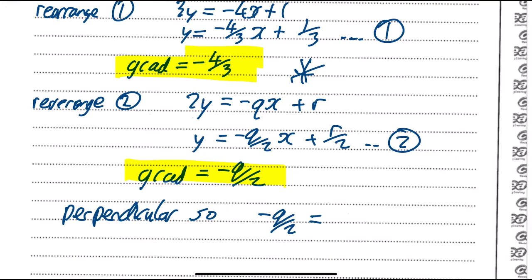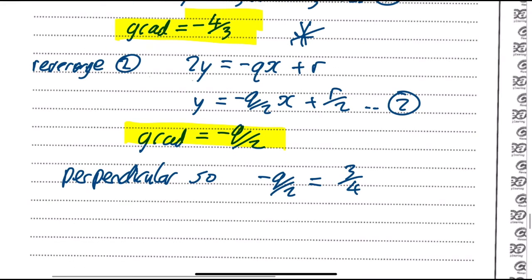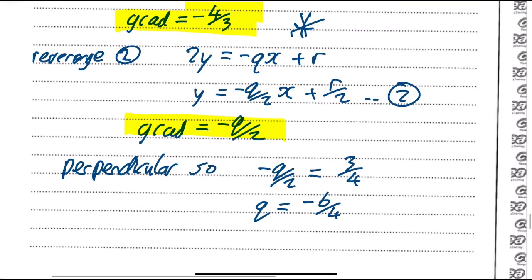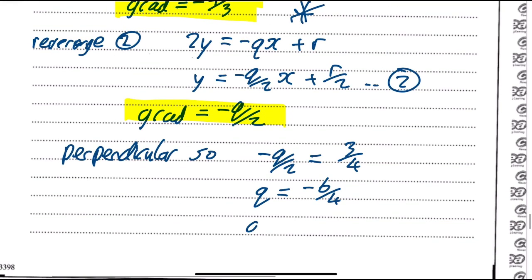Negative reciprocal means flip it upside down and change its sign, so you're going to have 3 over 4. Then I multiply across by the minus 2, and that will give me minus 6 over 4, which is the same as q being equal to minus 1.5.